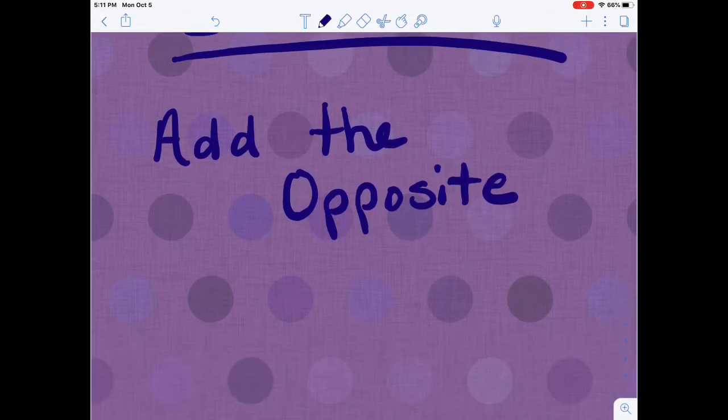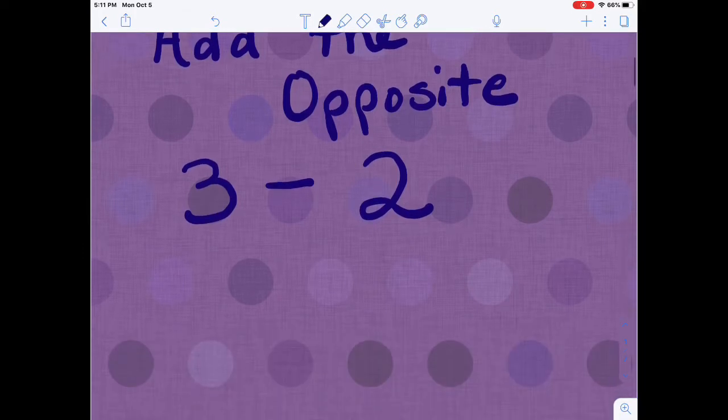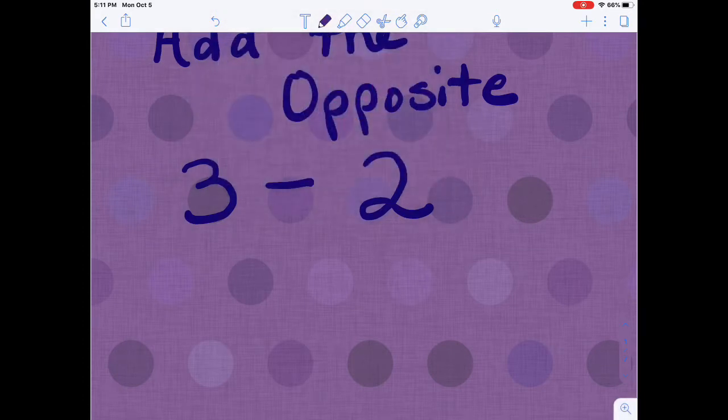So, for example, if I have something like 3 minus 2 that you already know the answer of because you've been doing it for a long time, I could redefine this and say that this is really 3 plus a negative 2.